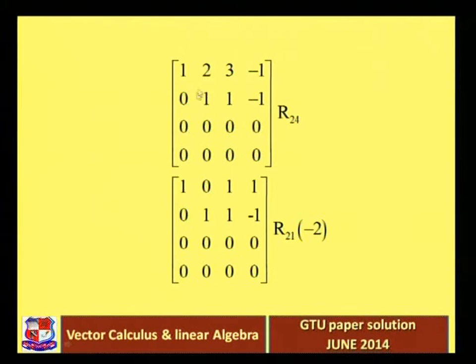Below the leading entry we already have 0, but above it we have to make 0. So we multiply the second row by minus 2 and add into the first row. Finally we get this matrix 1 0 1 1, 0 1 1 minus 1, and the other two rows are zero rows. This is our reduced row echelon form matrix.